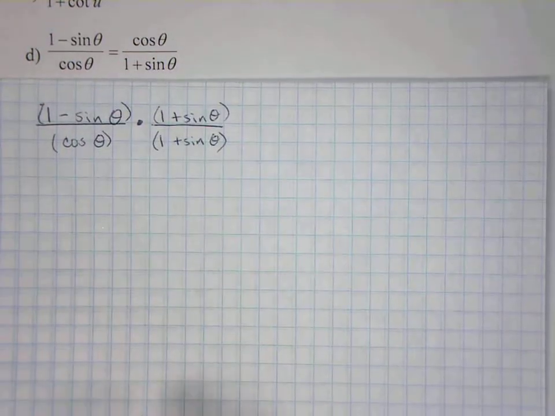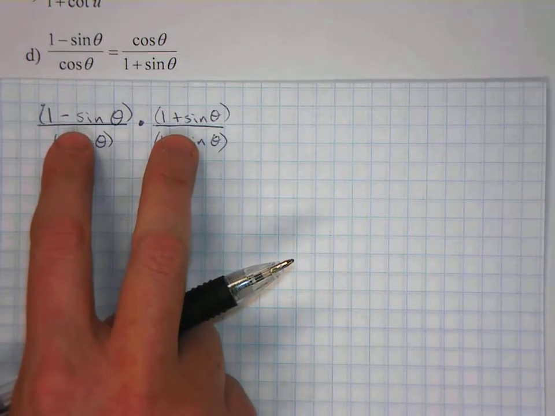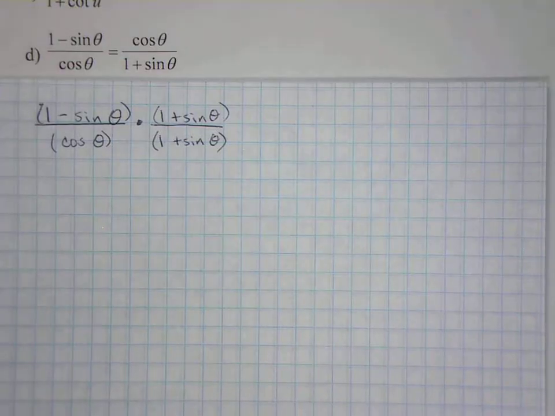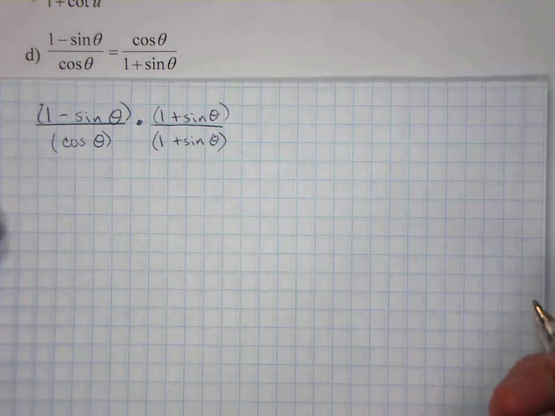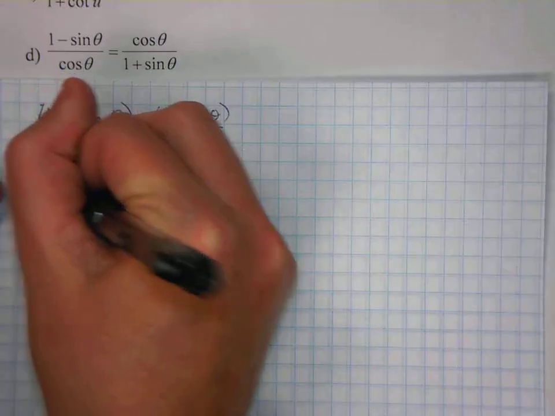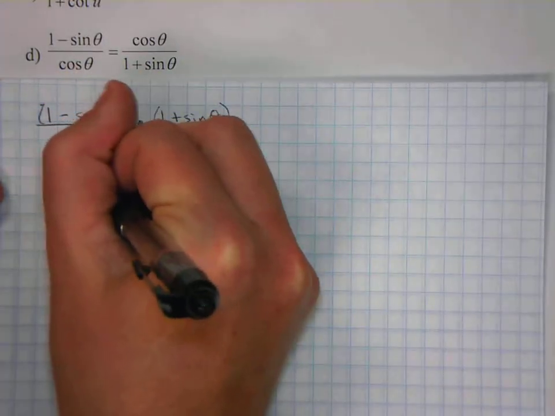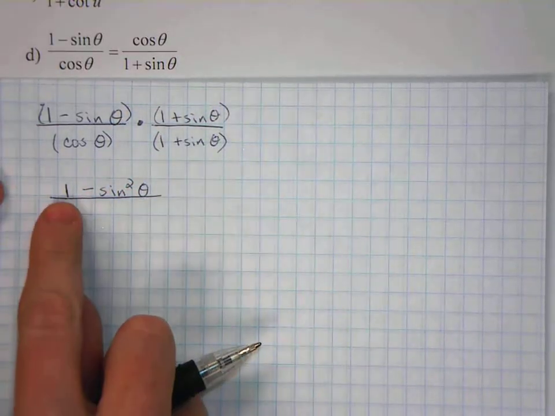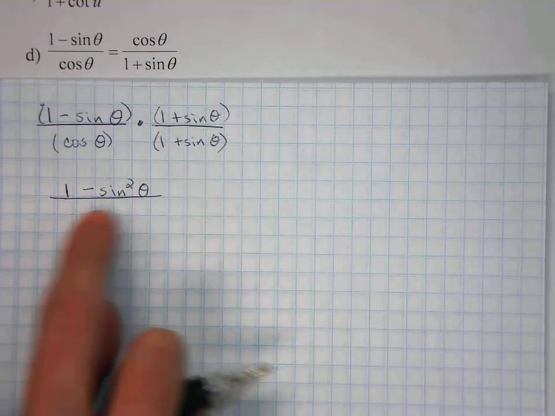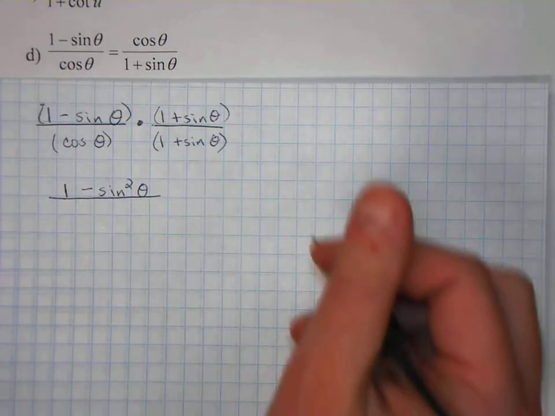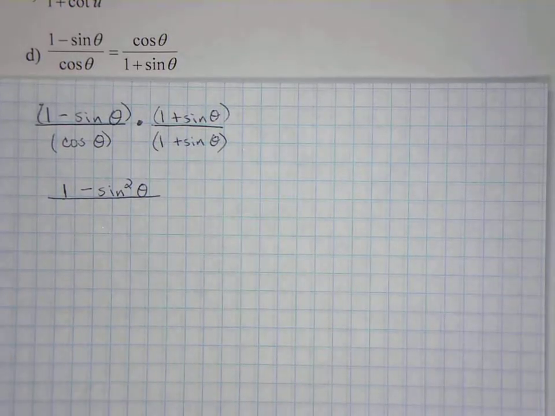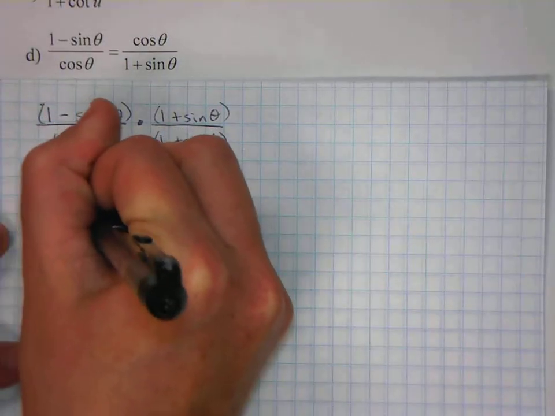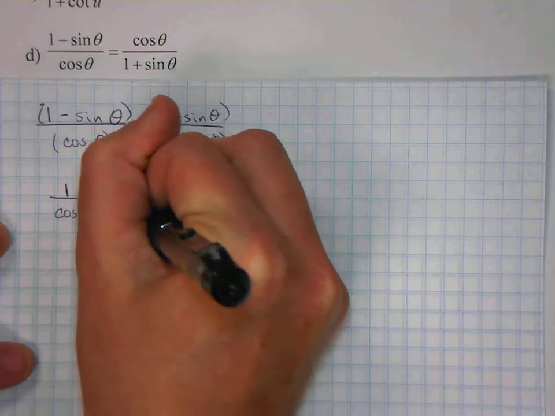If I multiply across the top, I hope you guys can see that this looks like the factored version of a difference of two squares. So you could do distributive property, but hopefully you guys understand it would just be the same thing as 1 minus sine squared theta, or 1 squared minus sine squared, but 1 squared is just 1. Then my denominator is cosine theta times 1 plus sine theta.